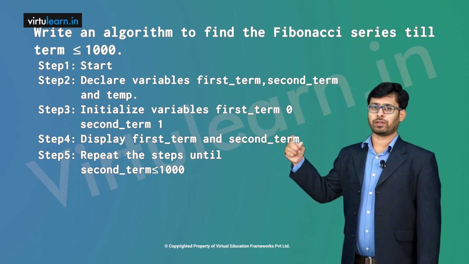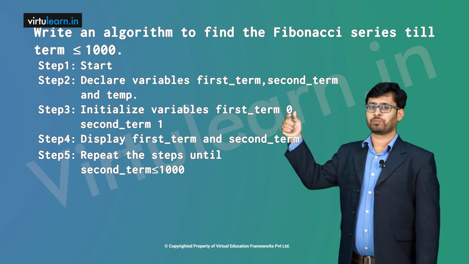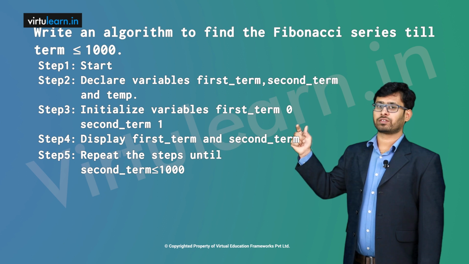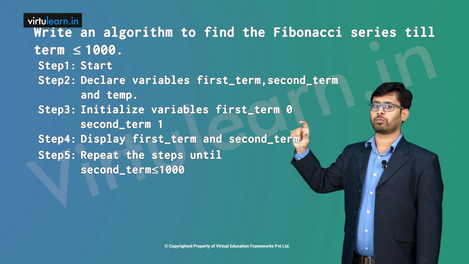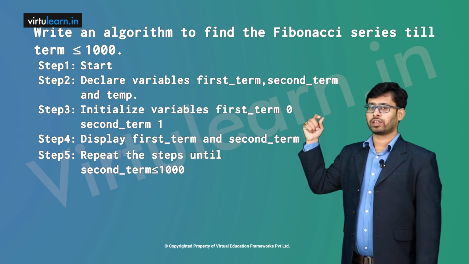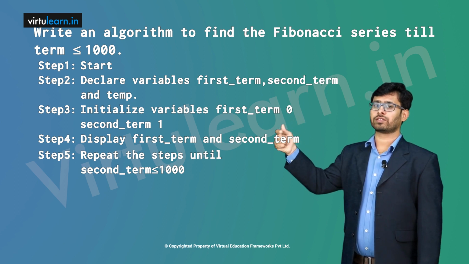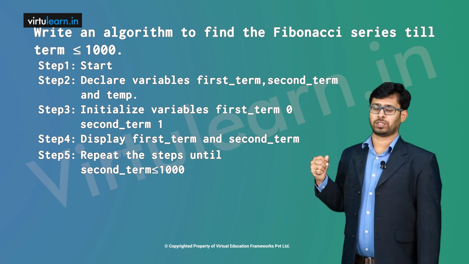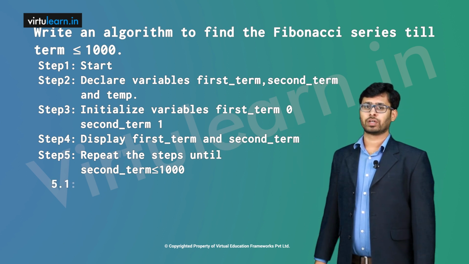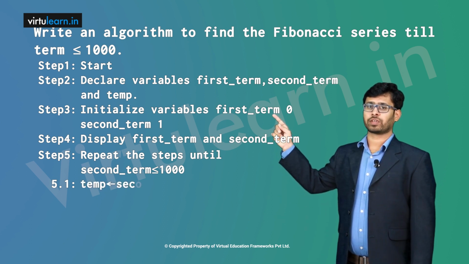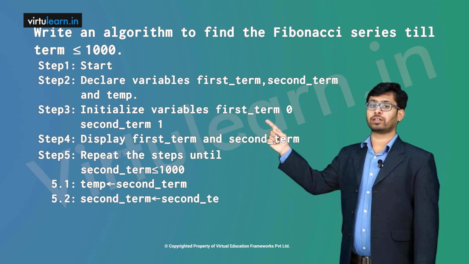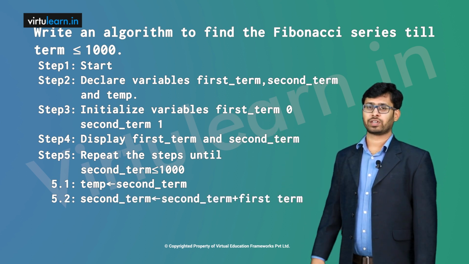Within step 5, we have some sub-steps. We need to swap the positions: the second term becomes the first term, and the resultant we got becomes the second term. In order to swap, the logic is temp equal to second term, and second term equal to second term plus first term, that is our third term.